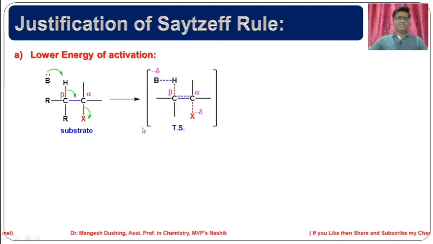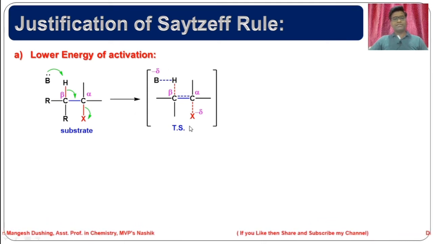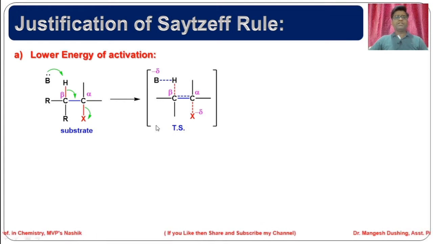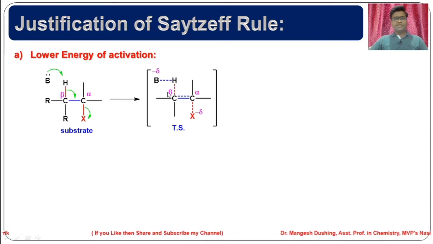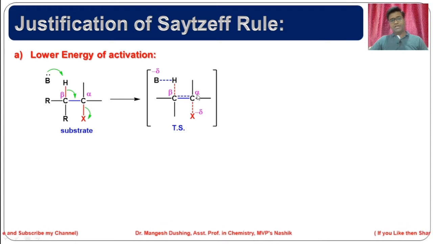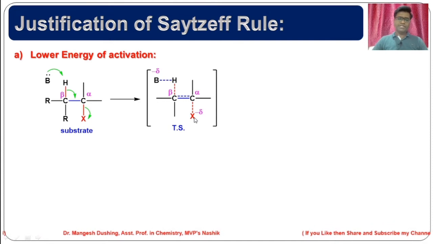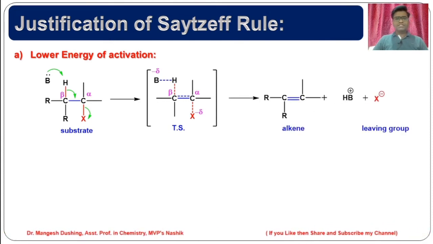This is the highest energy transition state, formed in between the reaction with a very small lifetime. There is a partial bond formed between the base and the beta hydrogen, while a partial bond breaks between the beta carbon and hydrogen. A partial pi bond forms between the alpha carbon and beta carbon, and the alpha carbon-leaving group bond partially breaks. This transition state breaks down into the desired product, the alkene.